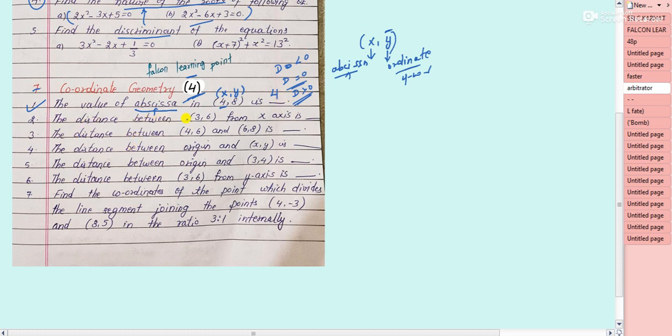Next, the distance between (3, 6) from x axis is dash. So you all know this is the x axis and this is the y axis. The point (3, 6) will come somewhere like this. This is 3 on the x axis, 1 2 3, and on the y axis this has to be counted till 6. So if you look at this point from the x axis, how far is that?